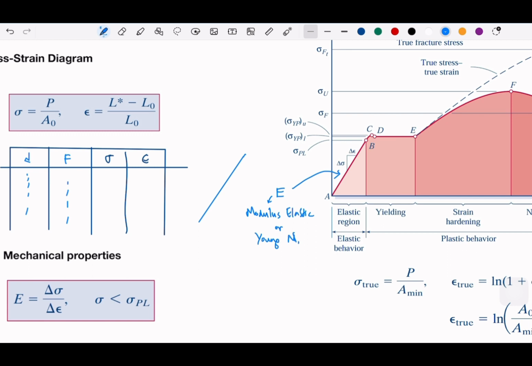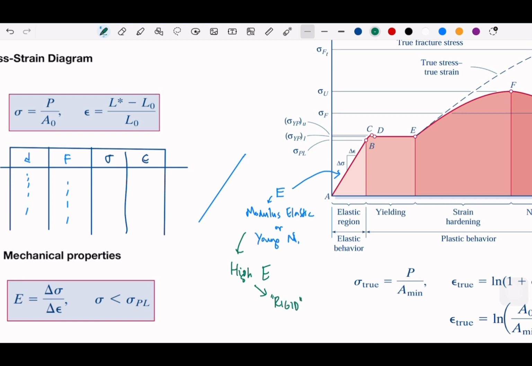So when you have a high E, it means that it has high, let's say, rigidity. That's the English word, but I'm not sure what else could describe it. So let me write here, high E, or maybe let me just write rigid, and you can look in the dictionary.